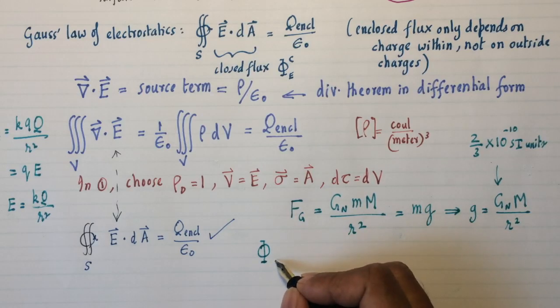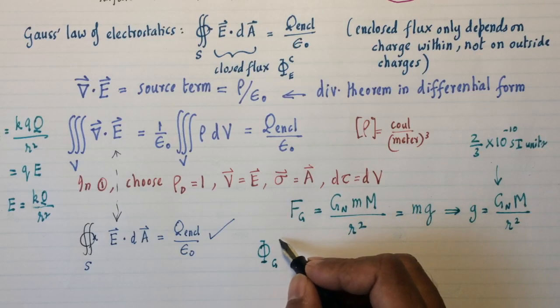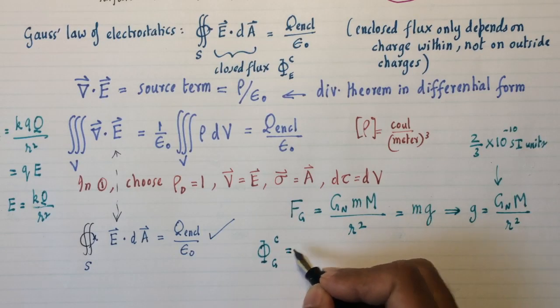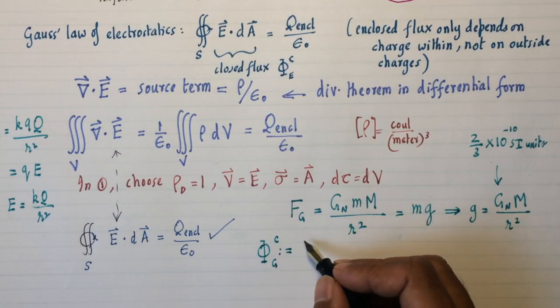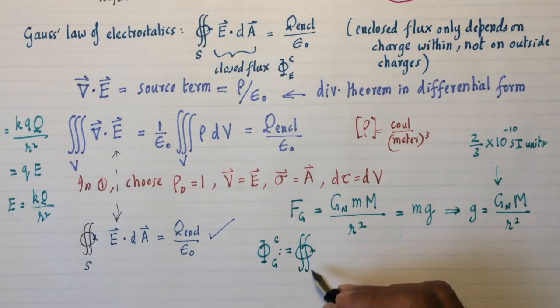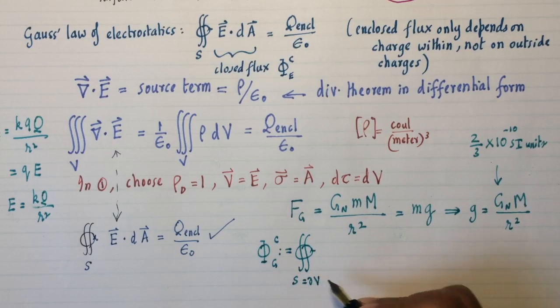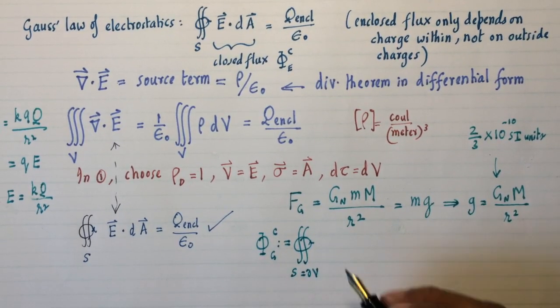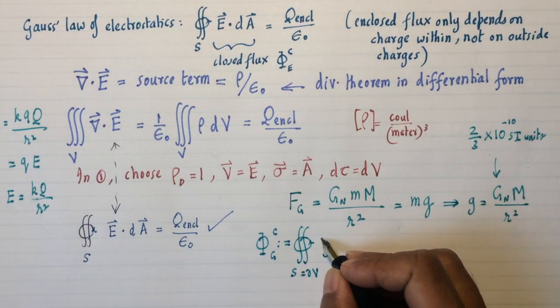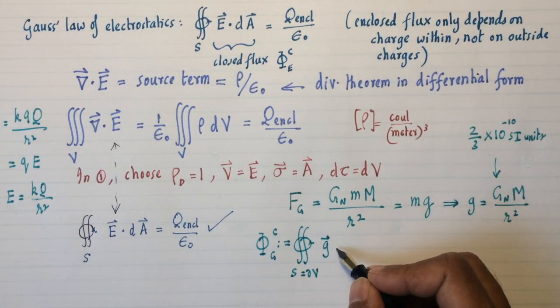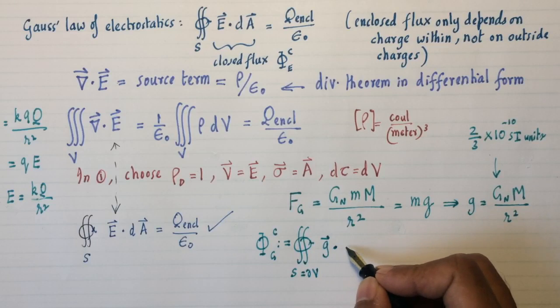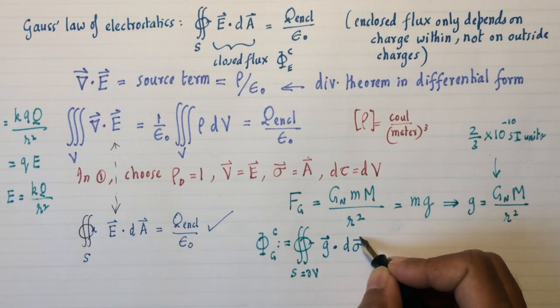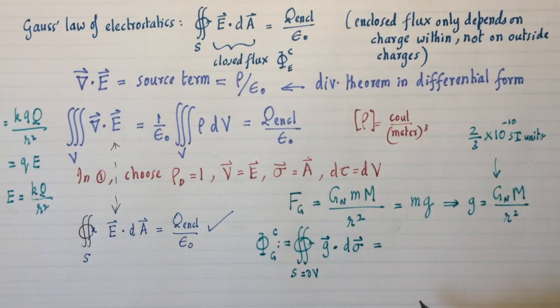So I'll say the gravitational flux enclosed in the closed surface is defined to be the closed oriented double integral over the surface, which is the boundary of the volume you're considering, of the gravitational vector dotted with some area vector d sigma. Well, what's that going to be?